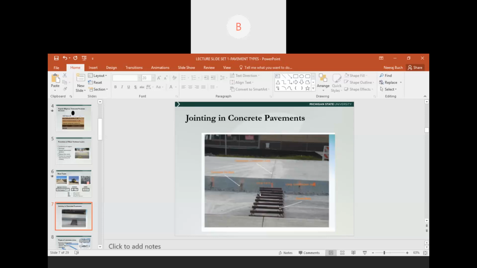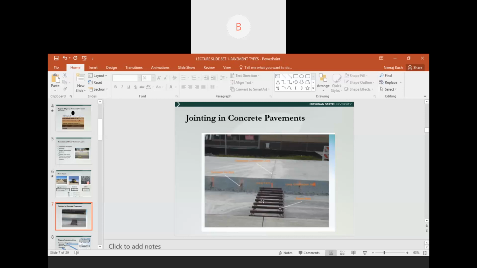So that is the first big difference between the tie bar and a dowel bar: the dowel bar is smooth, the tie bar is rough. The second difference is that dowel bars are traditionally much larger in diameter as compared to a tie bar. So dowel bars are much bigger.